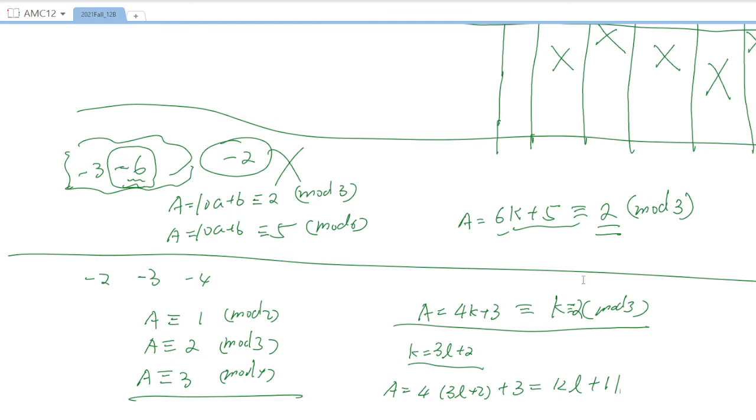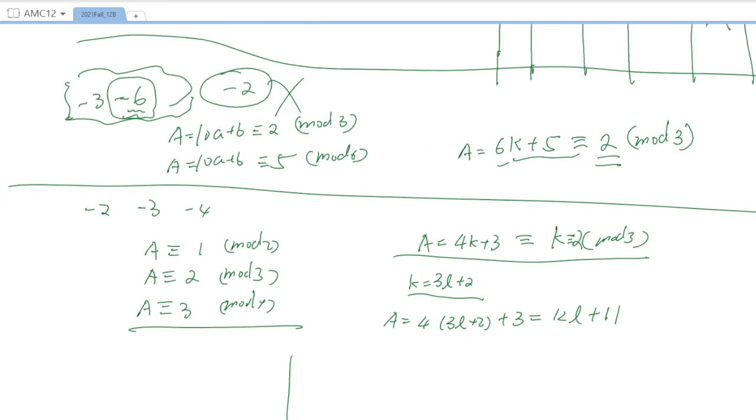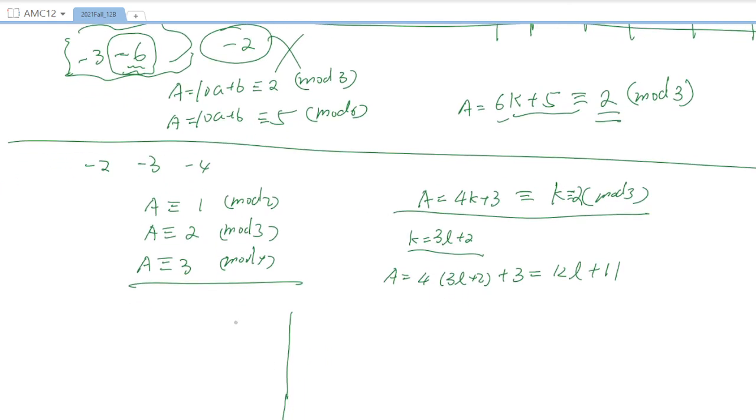Okay, now in this case, we have to work on another table. Okay, so 100 minus 11 over 12 is 89 over 12, so we can go up to 7.